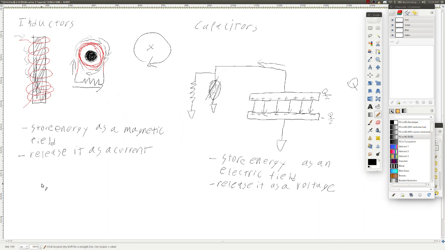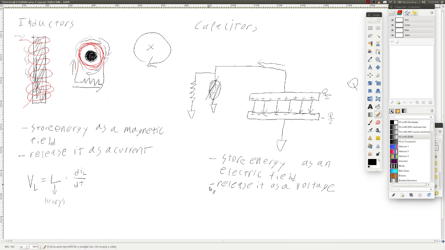Namely, we say that the voltage in an inductor is equal to L, the value of the inductor, which we define in units of henries, times di sub L dt. So this means that the voltage is L times the rate of change of the current in the inductor.